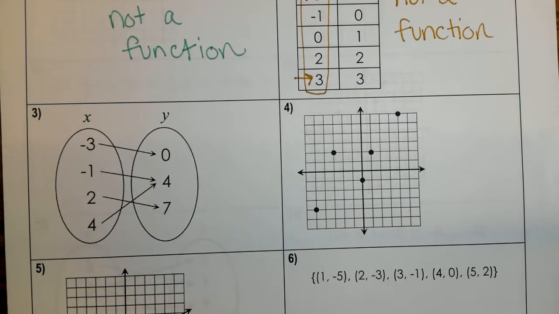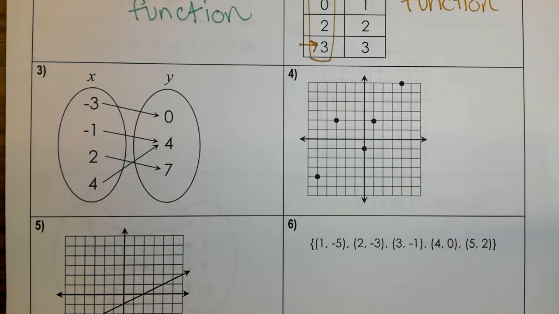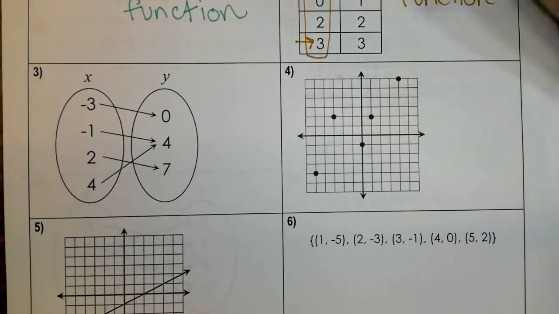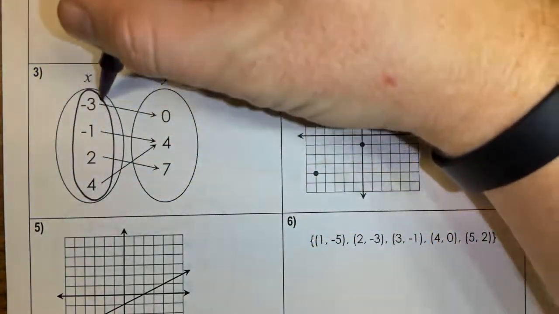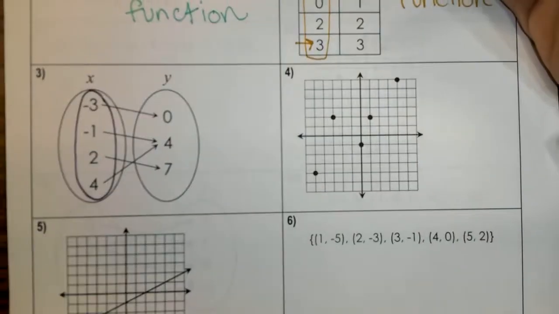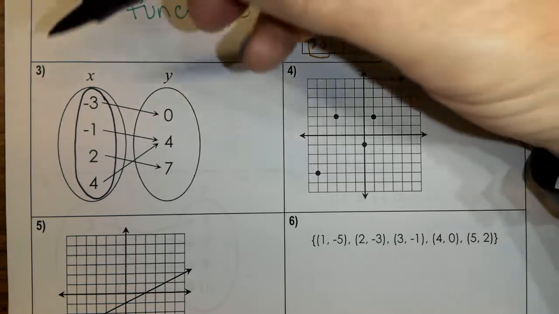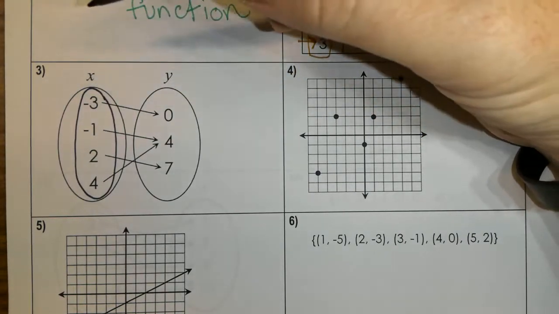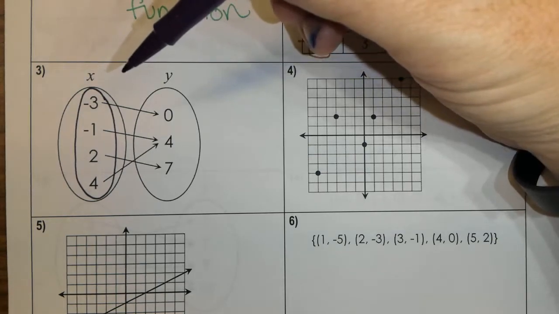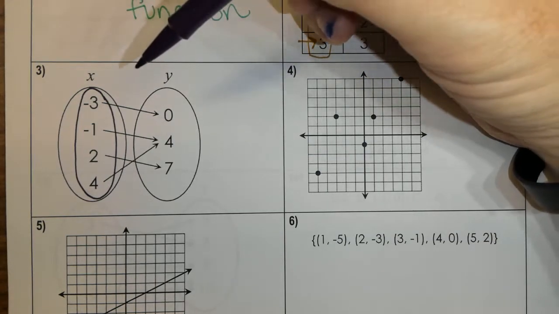Okay. Number 3. Now, the ovals with the arrows, this is called a mapping, but I'm going to do the same thing, right? I only care about the x values over here, and I don't need to look at y. To tell if an x value repeats on a mapping like this, it would have to have two or more arrows from the same x.